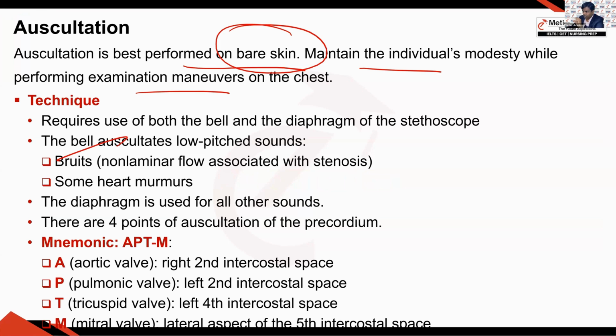Doctors use the bell and diaphragm. Bell, the question came last year also. Where they use the bell, where they use the diaphragm. The bell they use to auscultate low pitch sounds, which indicates murmur. Mostly to rule out murmur, they will keep the bell.